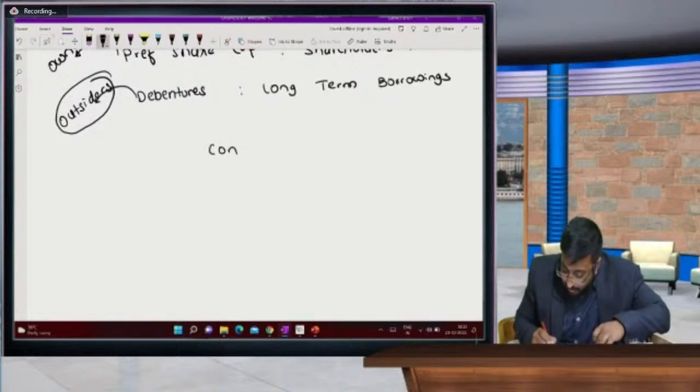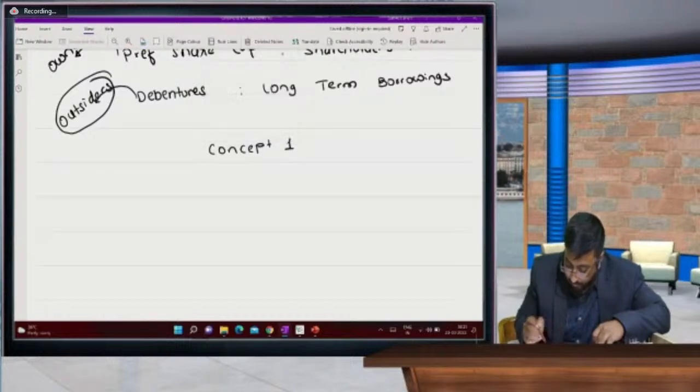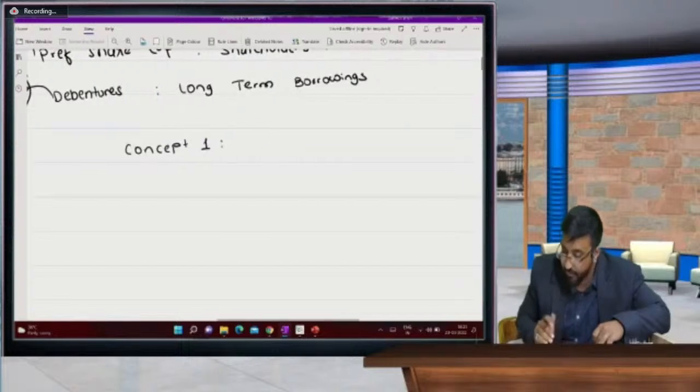Concept number 1, write down fast. Today I'm going to give you notes in writing. Concept 1, debentures.